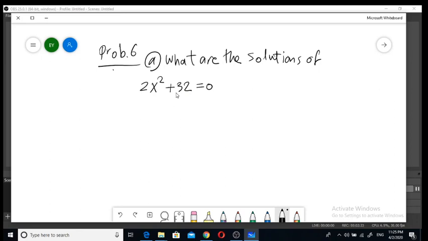Then how can we find the solution of this equation? We need to find x. And we have a quadratic equation.